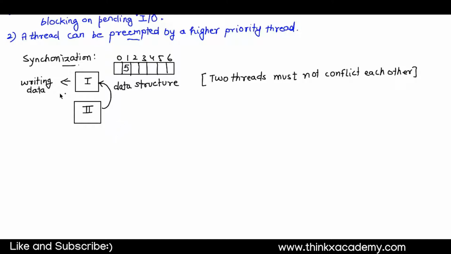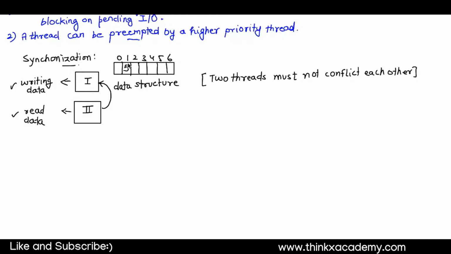So when I'm writing 5 to the first position, let's suppose there is a programmer who says, okay, what I will do is create two parts of the program. One will write the data and the other one will read the data from this data structure. So these two threads are conflicting because they are going to happen at the same time. Reading and writing cannot happen at the same time because they will conflict with each other.